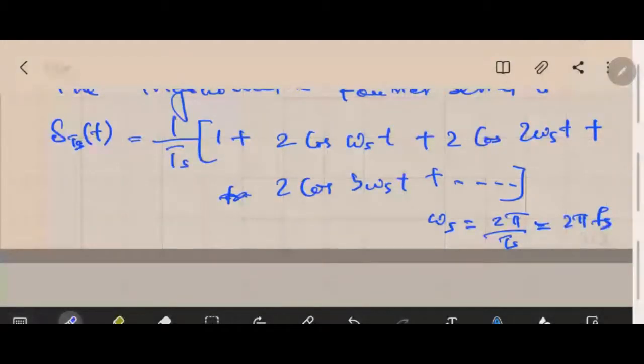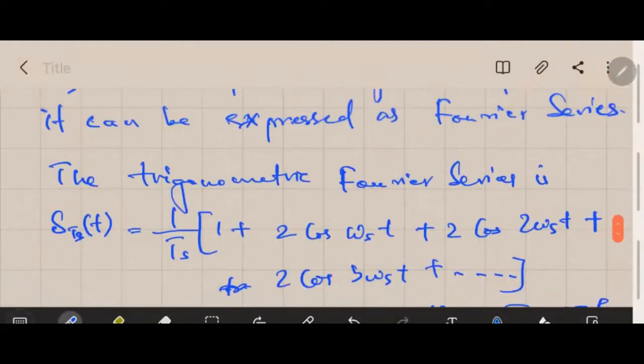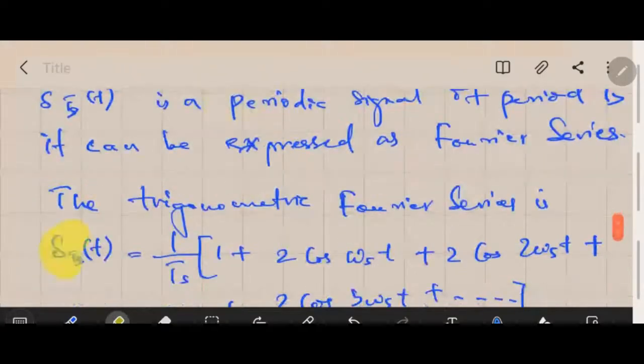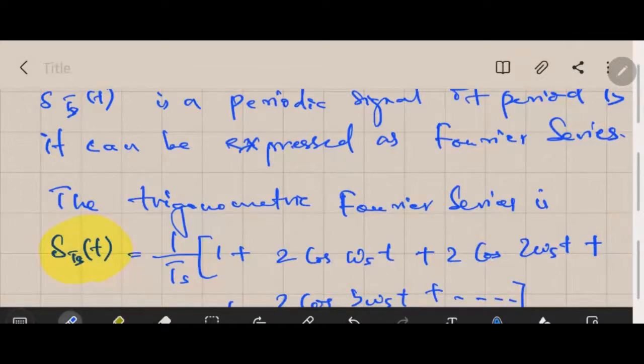Now we could directly replace this delta Ts of t with this Fourier series. Let us replace it and see how this equation looks.